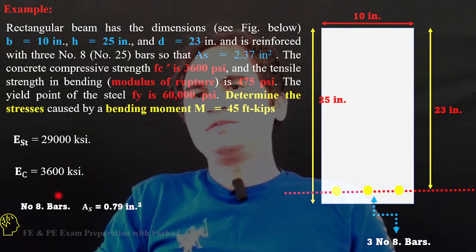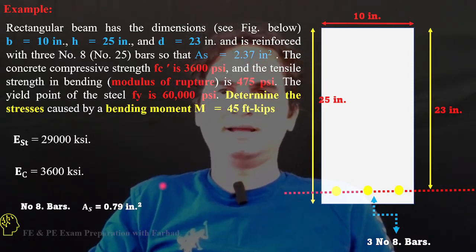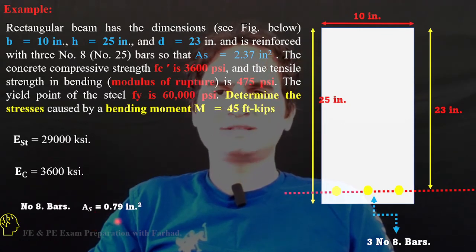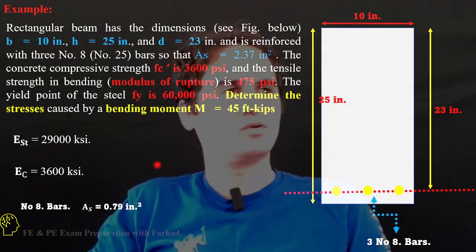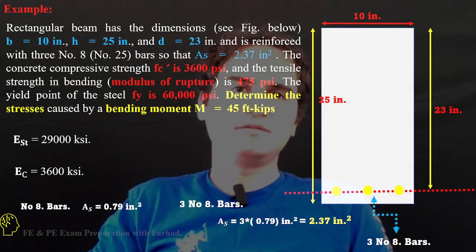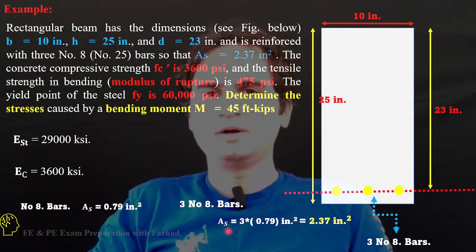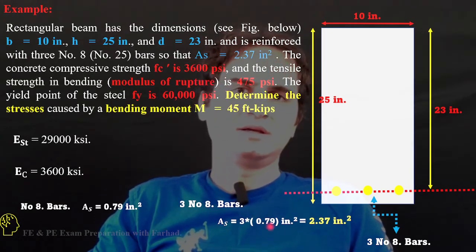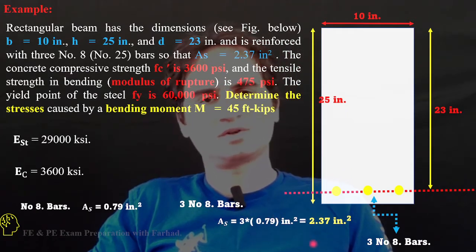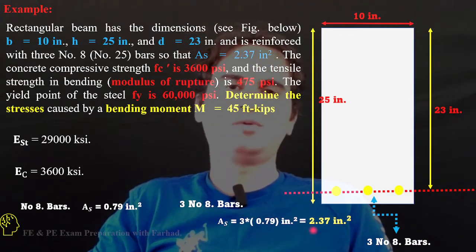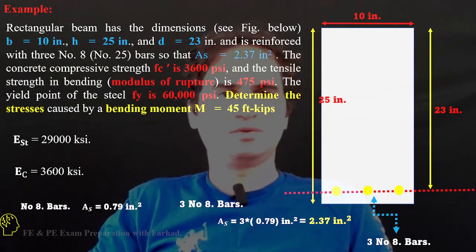A number 8 steel rebar has an area of 0.79 square inches, as in the rebar table in the book or codes. Because we have three of them, As is 3 times the cross-sectional area of each rebar, so the total area is 2.37 square inches for all the rebars.